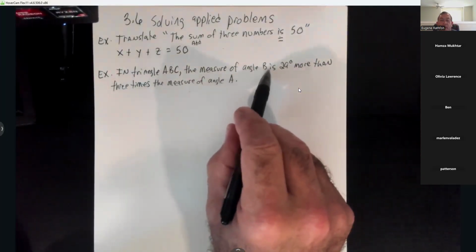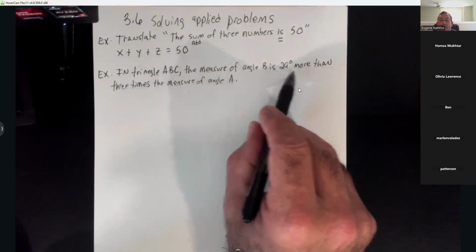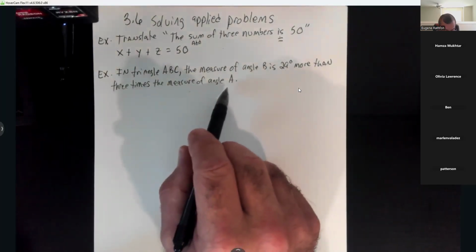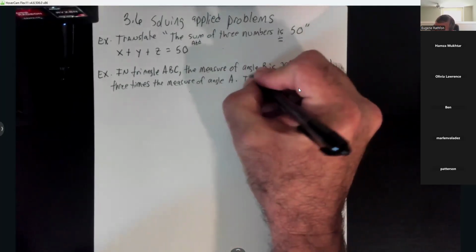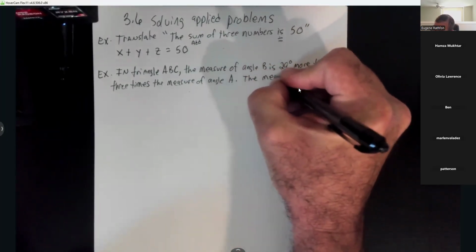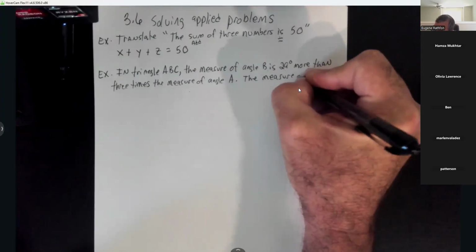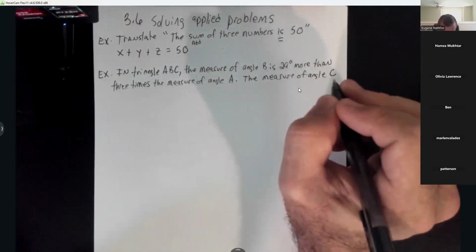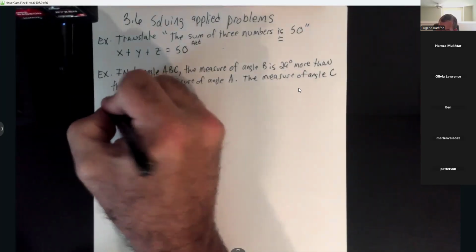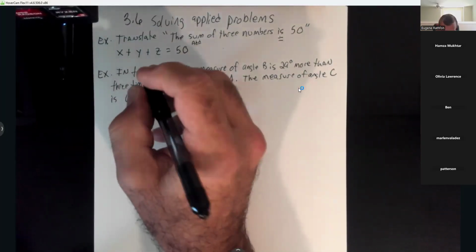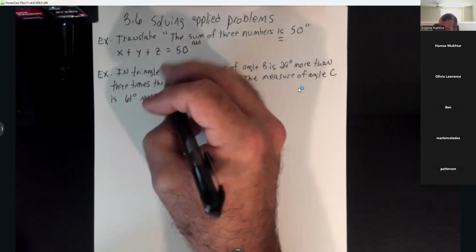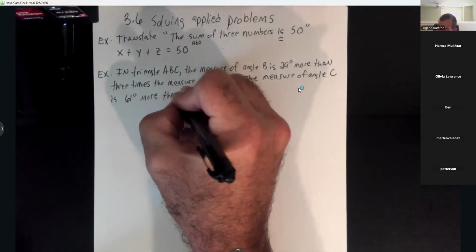I know that the measure of angle B is going to be 29 degrees more than 3 times the measure of angle A. Then they tell me the measure of angle C is 61 degrees more than the measure of angle A.